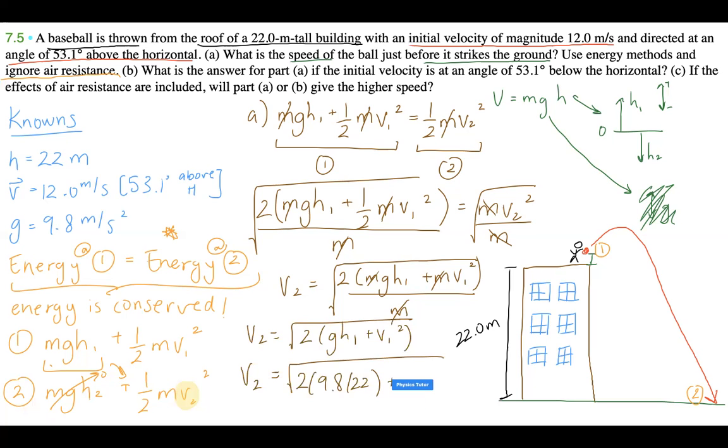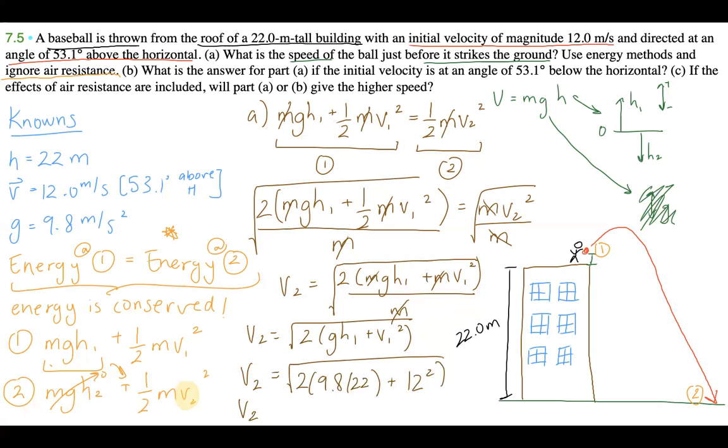And then what's V1? V1 is 12, and then V1 squared is 12 squared. Okay. So what is V2? Let's plug it into our calculator. And that is 2 times 9.8.